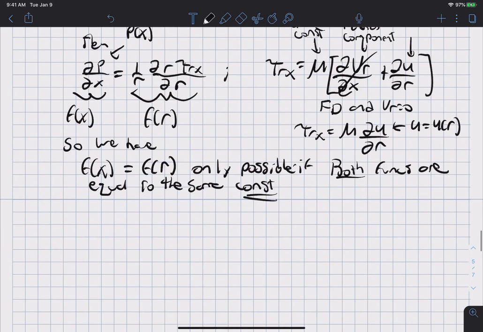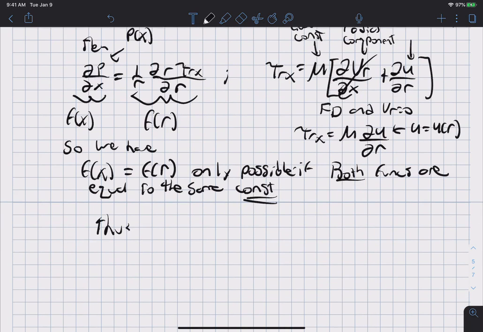Thus partial p partial x equals 1 over r partial r tau rx partial r equals a constant.